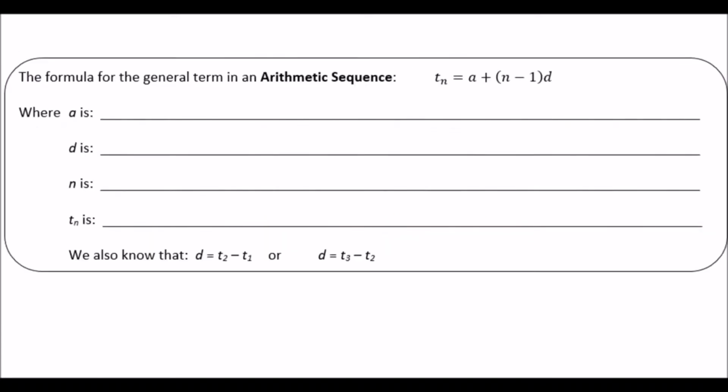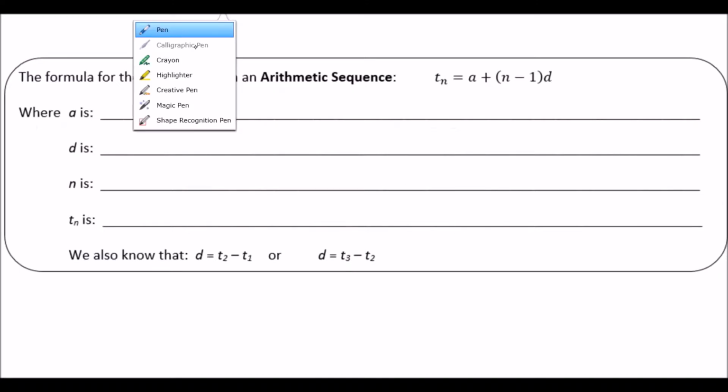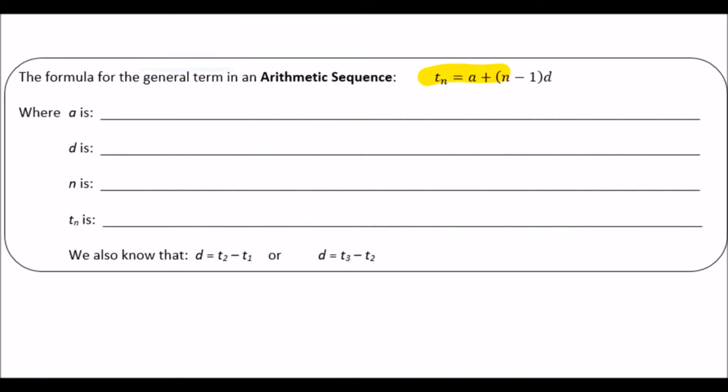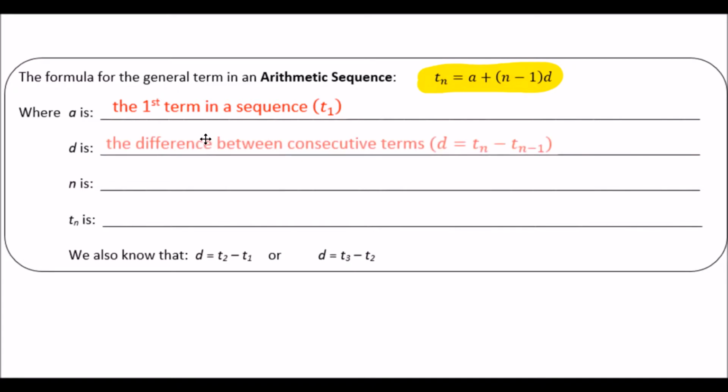Here is the equation. This is really important here. This is the equation of an arithmetic sequence: t subscript n is equal to a plus (n minus 1) d. A, just like last unit, is the first term of the sequence, also known as t subscript 1, so where n is equal to 1. d is the difference between consecutive terms. d is equal to t subscript n minus t subscript n minus 1.